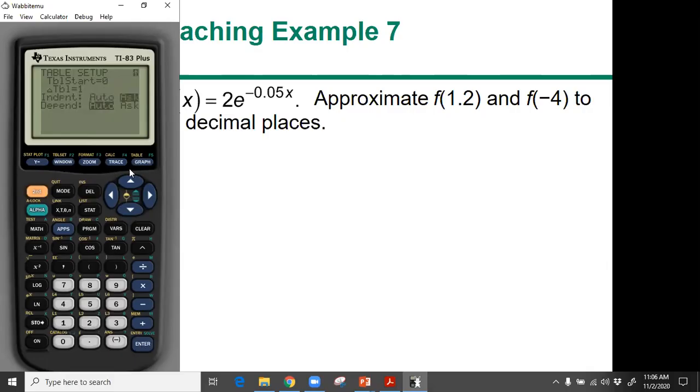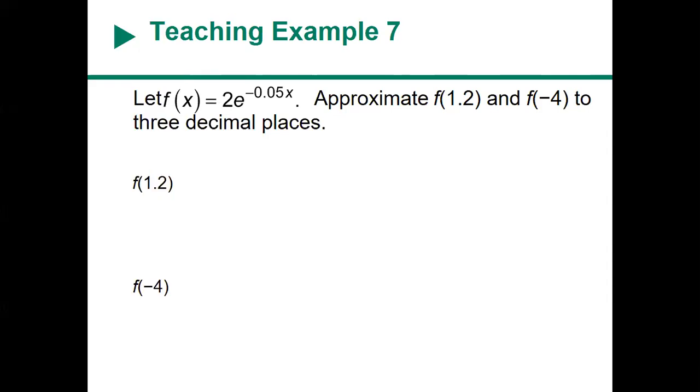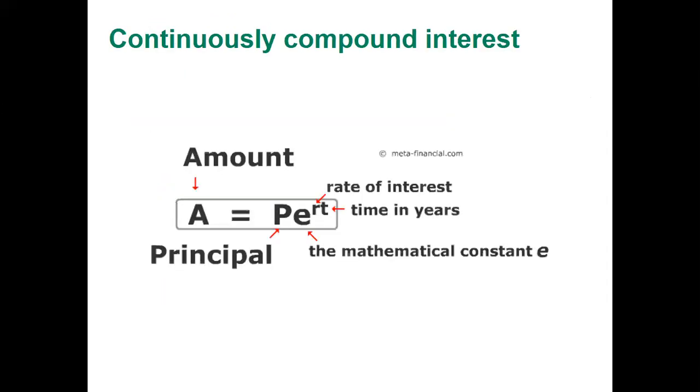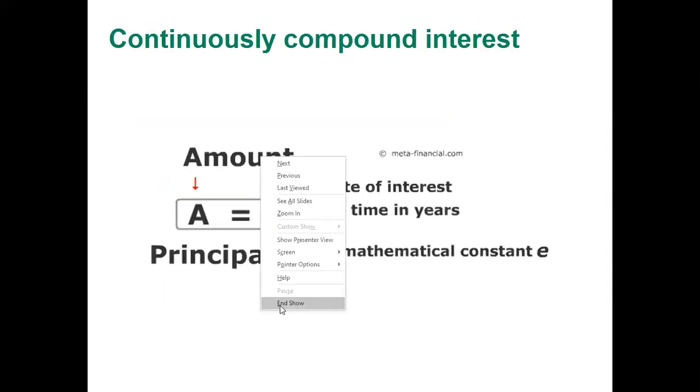So you switch it from auto to ask, and then you type in whatever you want. I want 1.2. I want -4. And it will produce the answers. Okay? So this will be our stopping point. We will pick up at continuously compounding tomorrow.